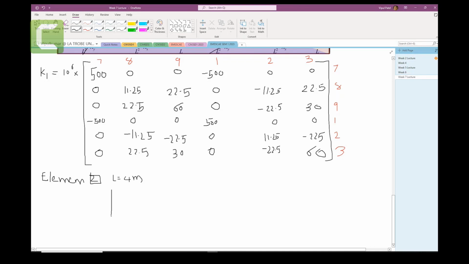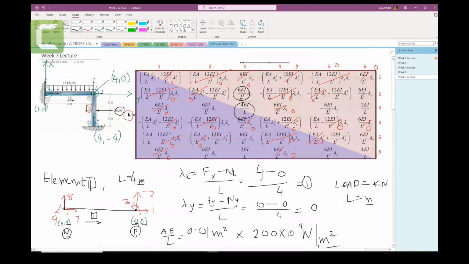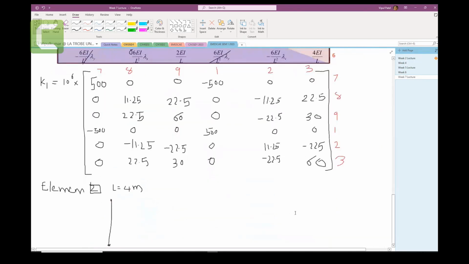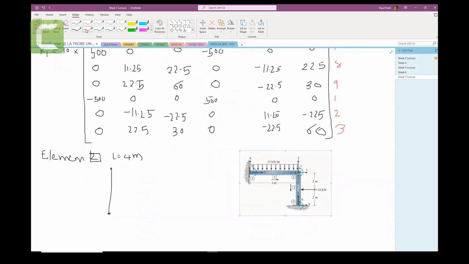And if I draw the element number 2 here, yep, there you go, you can see it. Element number 2 has 4, 5, and 6.